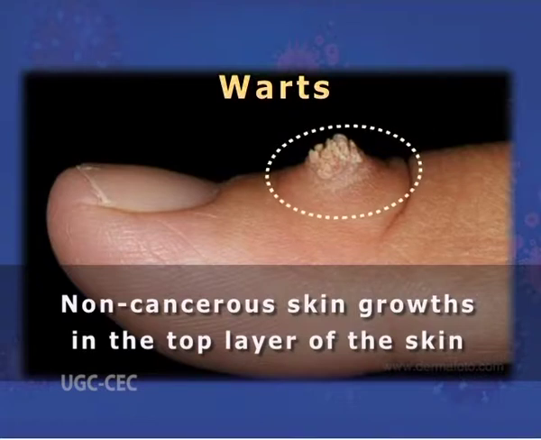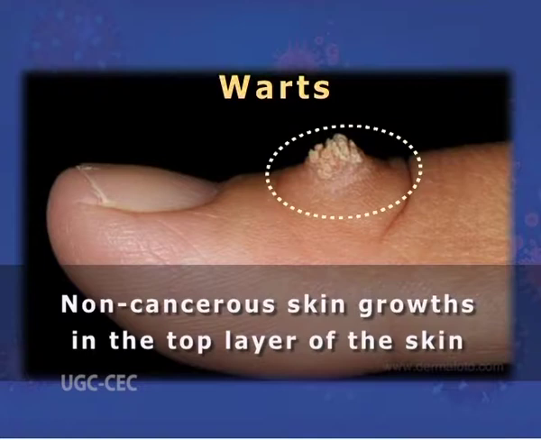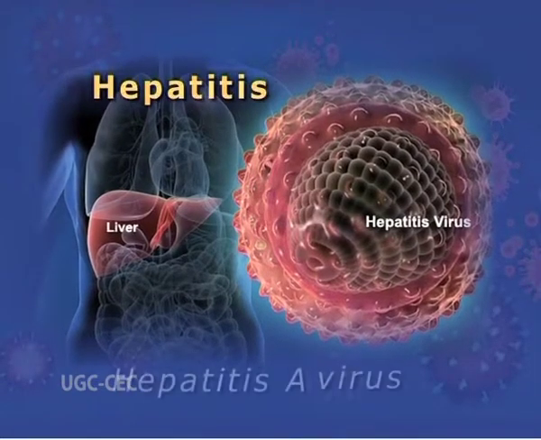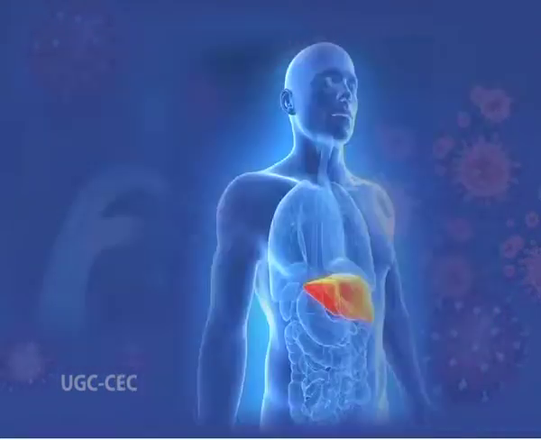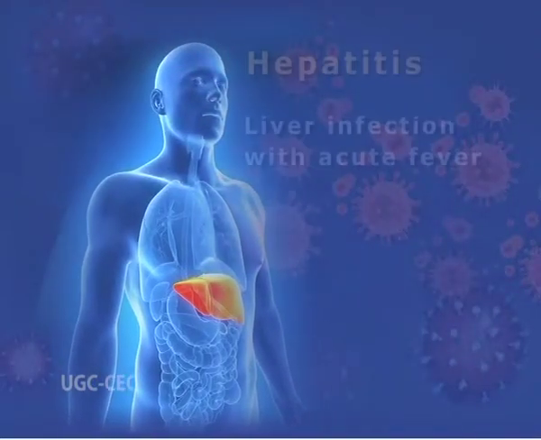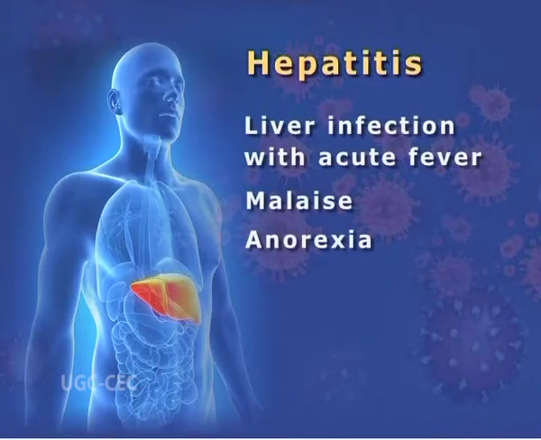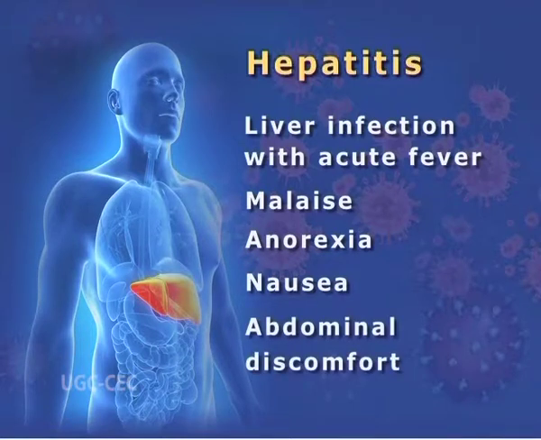Symptoms: non-cancerous skin growths in the top layer of the skin. Hepatitis: causative agent hepatitis A virus. Symptoms: serious liver infection with acute fever, malaise, anorexia, nausea and abdominal discomfort.